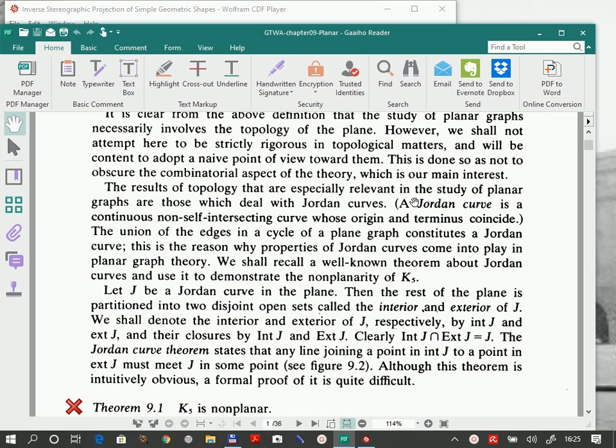Then if you take away the points of the curve, Jordan's theorem says that you are left with two pieces of the plane, which are disjoint.